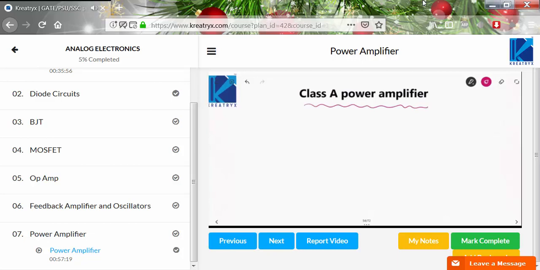And also in a class A power amplifier, the output is distortionless. And see, I will show the location actually. Here output characteristics are drawn between IC versus VCE, right? And this is the load line actually. This is the location of the operating point in a class A power amplifier. So it can divide the signal into equal parts. So the output is distortionless.